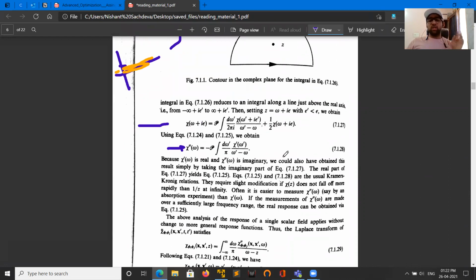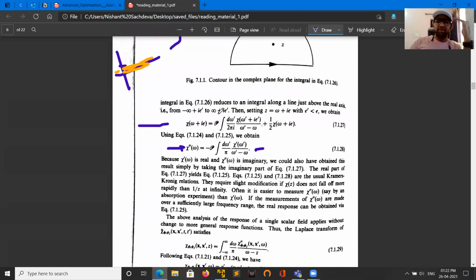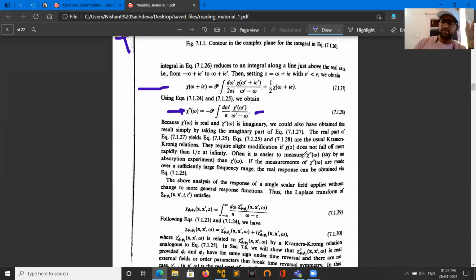These two equations, the real part of 7.1.27 and equation 7.1.28, are the usual Kramers-Kronig relations, which is what we got here. They're just circling back and deriving it using different methods. Now, they require slight modification of x of z if it does not fall off more rapidly than 1 by z at infinity.